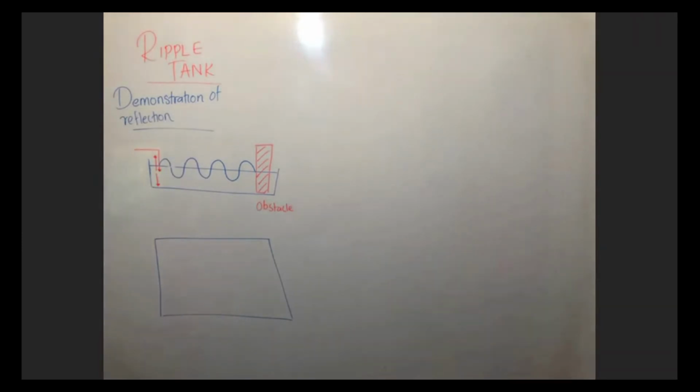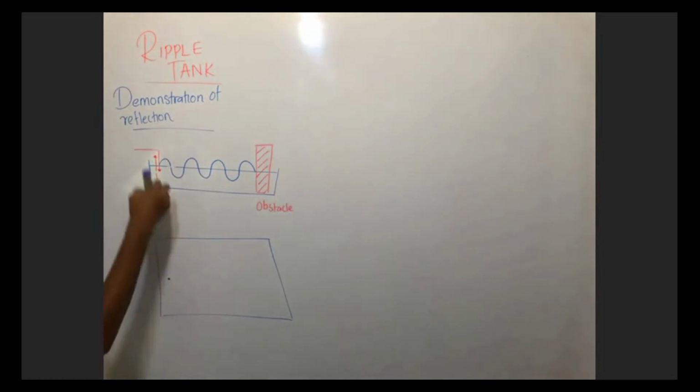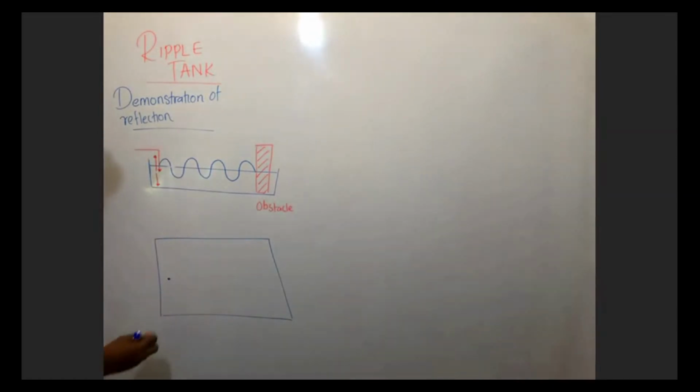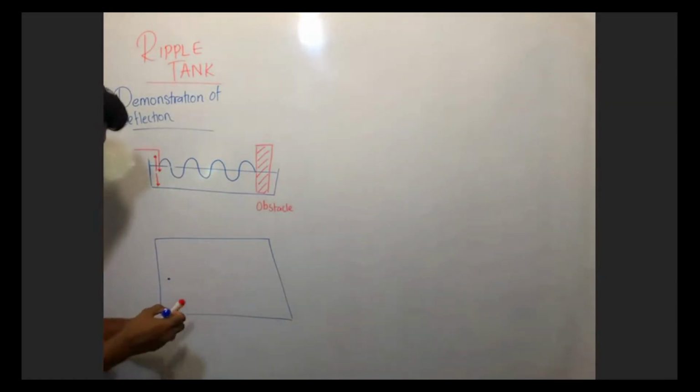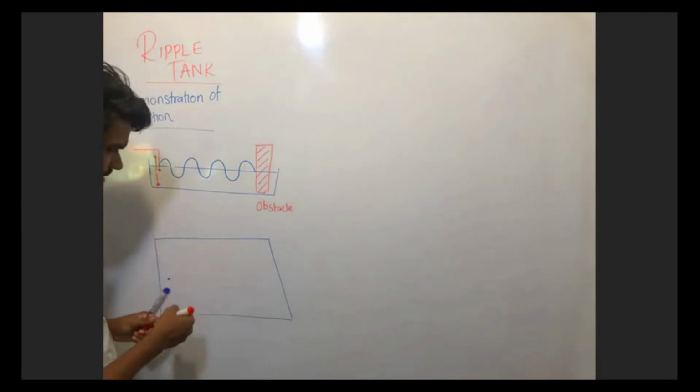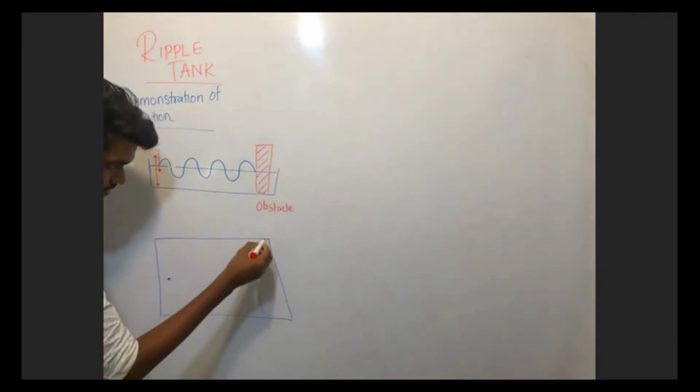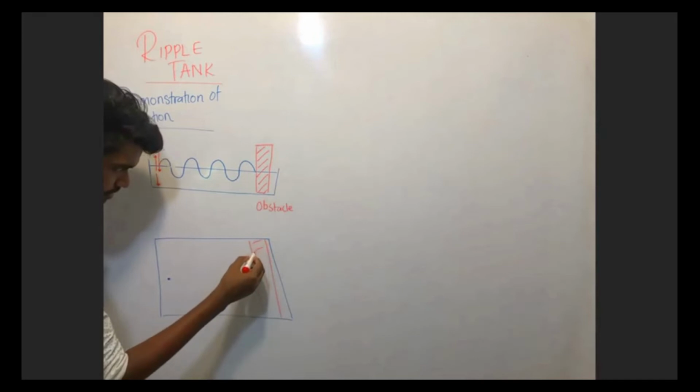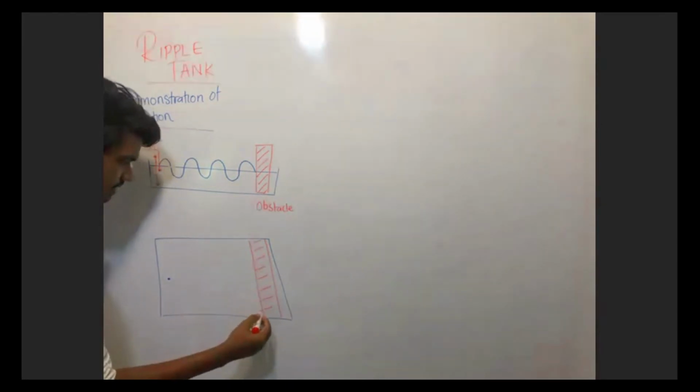So this is the point vibrator. This is the obstacle. Now it's the top view, right?